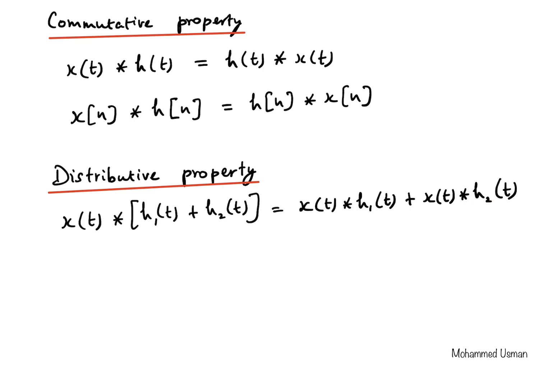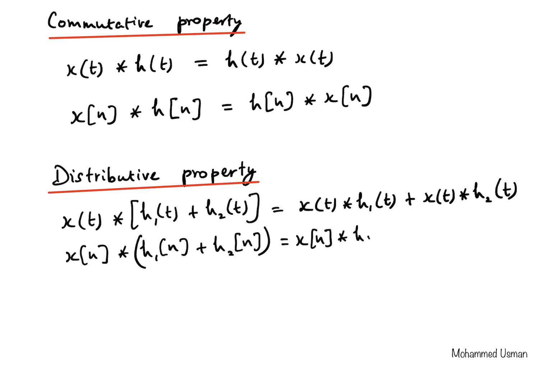Similarly, we can write it for the discrete case as well: x of n convolved with h1 of n plus h2 of n is equal to x of n convolved with h1 of n plus x of n convolved with h2 of n.